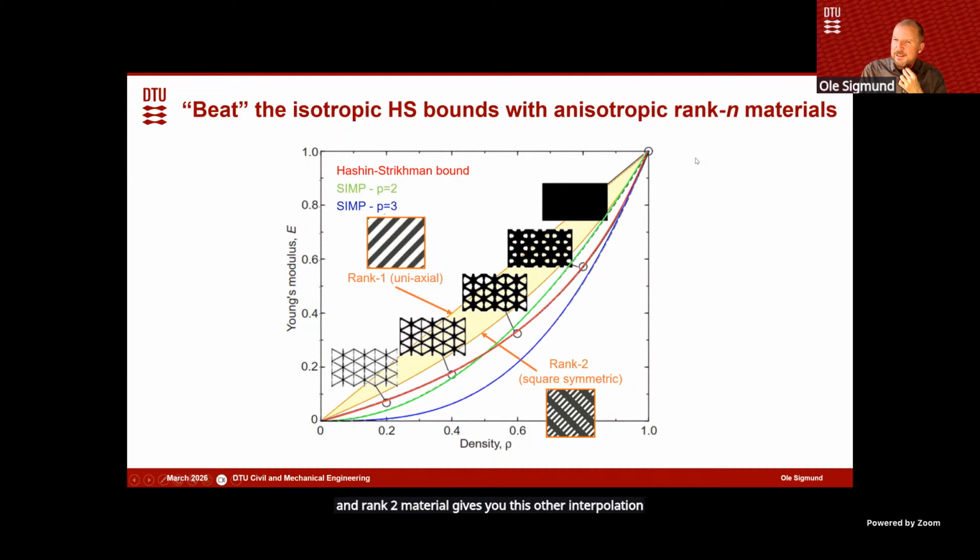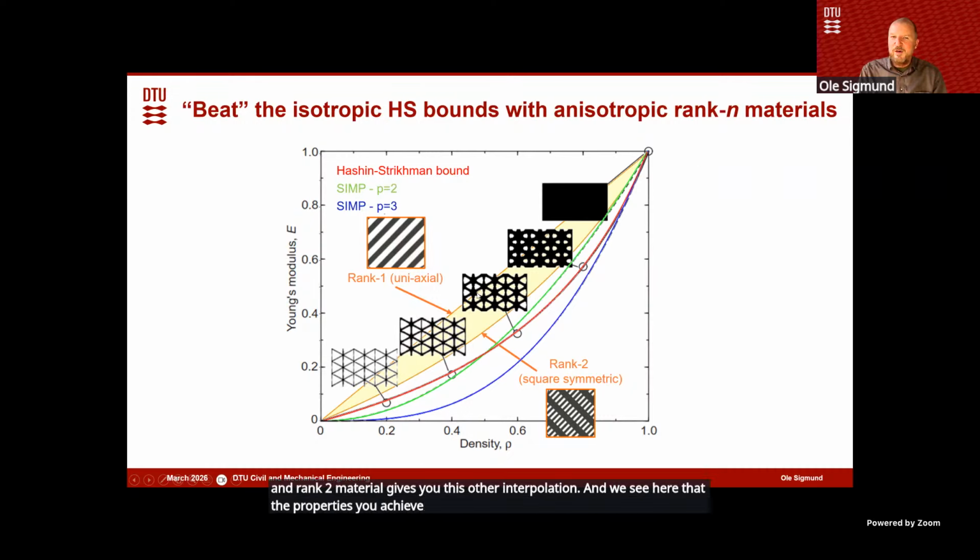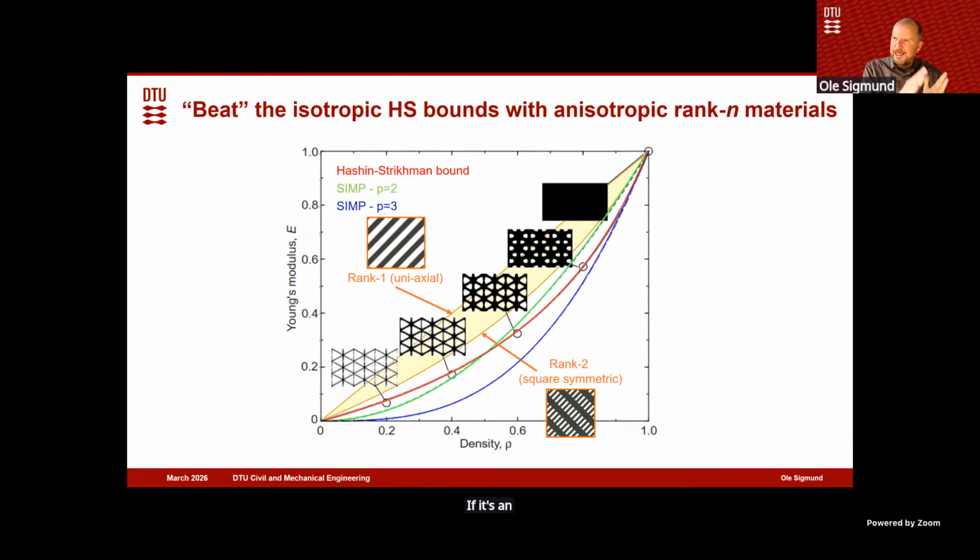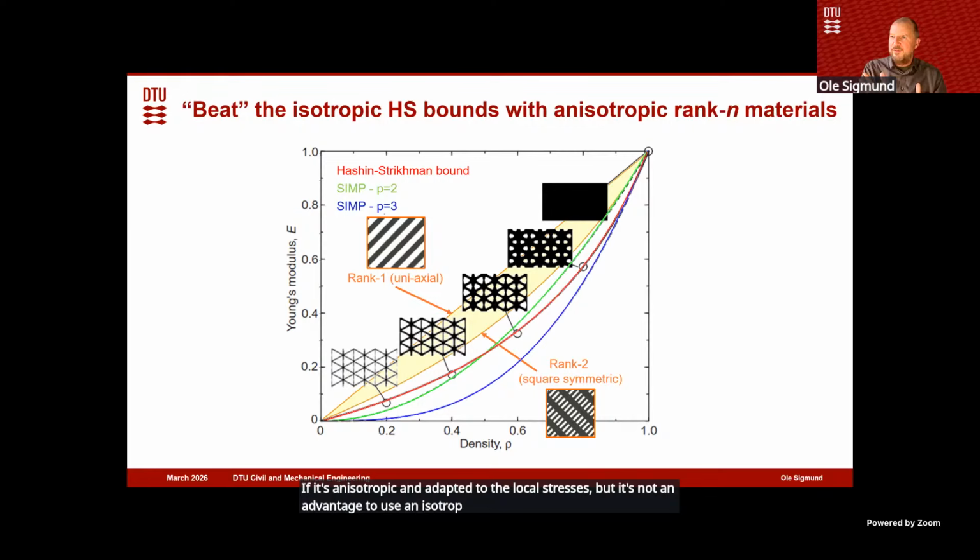And we see here that the properties you achieve for a certain density are much higher than the SIMP approaches and the Hashin-Shtrikman bounds. And that's why it's actually an advantage to use microstructure if it's anisotropic and adapted to the local stresses, but it's not an advantage to use an isotropic microstructure, even if it's the optimal one, when the goal is to optimize stiffness.